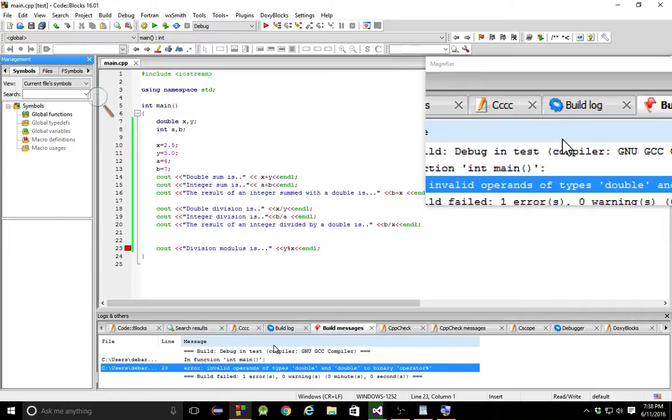Well, yeah, so in C++ you can't use double to do modulus. Let me check that, because in Java, which is pretty similar to C++, you can do that. Double mod in C++.